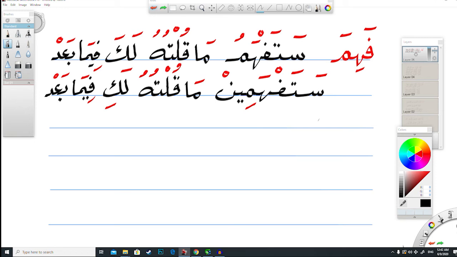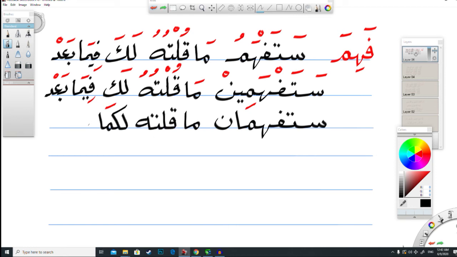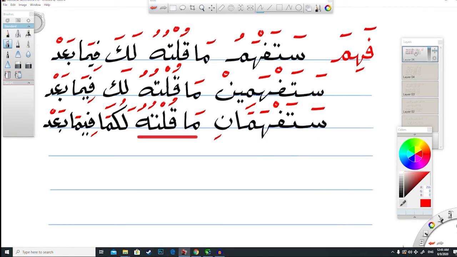Okay, the next example is for the dual masculine and feminine. ستفهمان ما قلته لكما فيما بعد. ستفهمان is here for dual masculine or feminine.